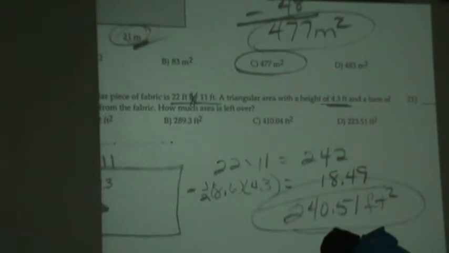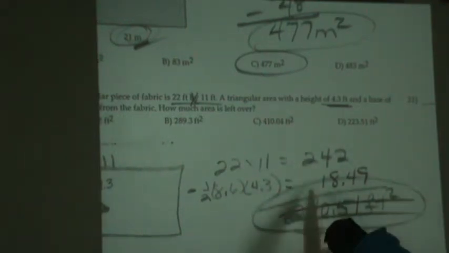It's not on there. Okay, I'm going to be giving up in a minute. 22 times 11 is 242, right? Yeah. Okay. 8.6 times 4.3 is 18.49.